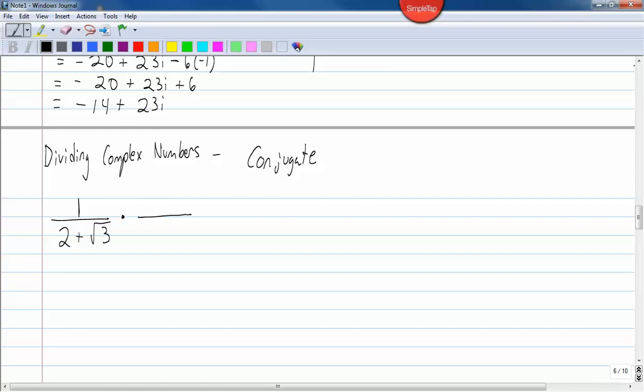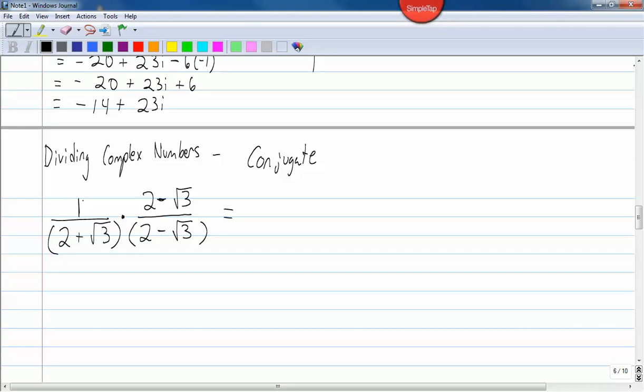You have to multiply this conjugate times the numerator and denominator. Doing that is going to get rid of the radical in the denominator. Let me show you how.